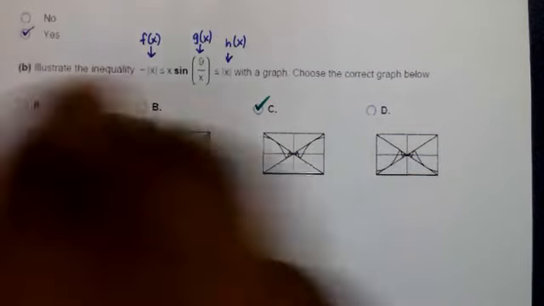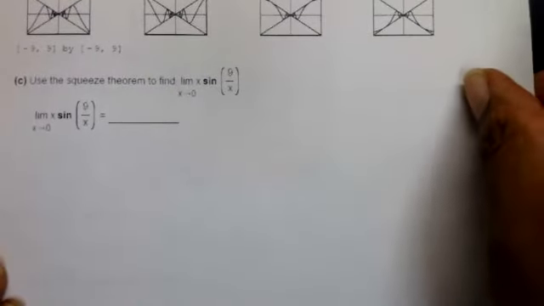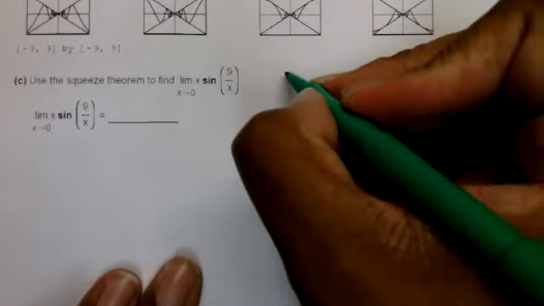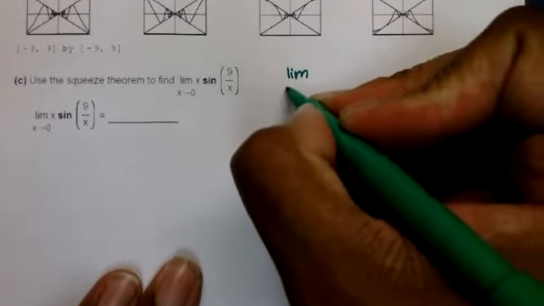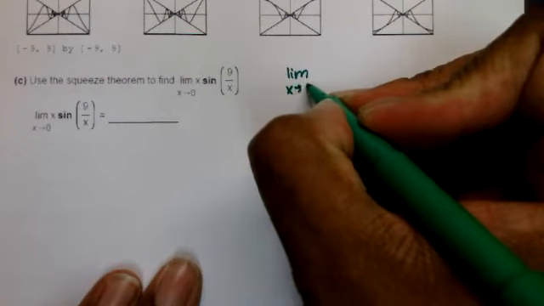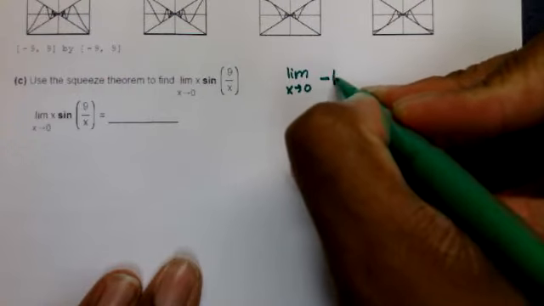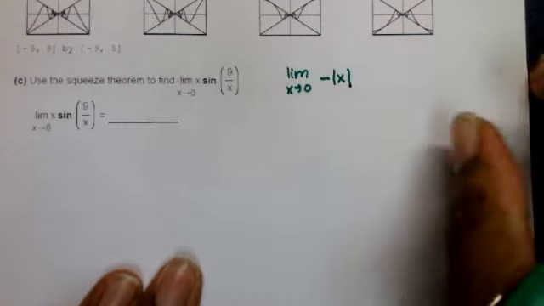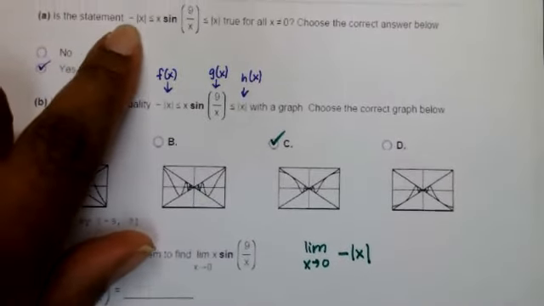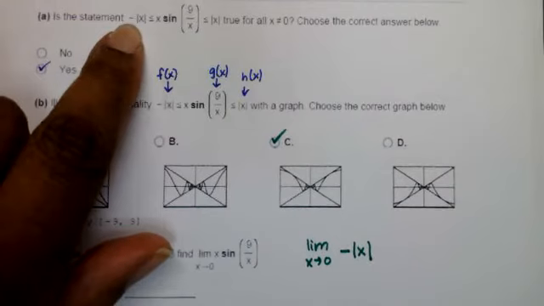Now, that's part B. Part C is using the squeeze theorem to find the limit as X approaches 0 of X times sine of 9 over X. Well, let's do this. I need to find the limit as X approaches 0 of negative absolute value of X, which is the function on the left of the less than or equal to.